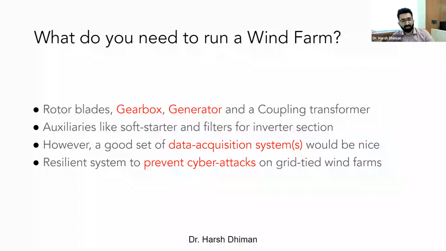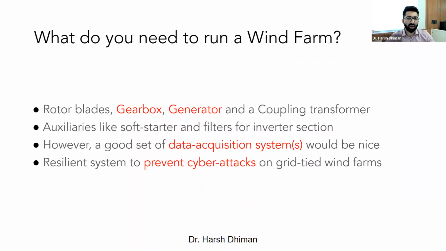observe a turbine, what you need inside a turbine is your rotor blades, which is obviously essential. You need enough wind thrust so that these blades can rotate. Then you have your gearbox, which is responsible for amplifying your speed. You have a generator. Generator topology has seen enormous growth over the last 20 years.